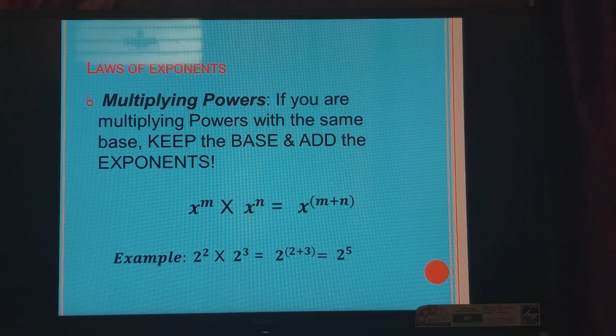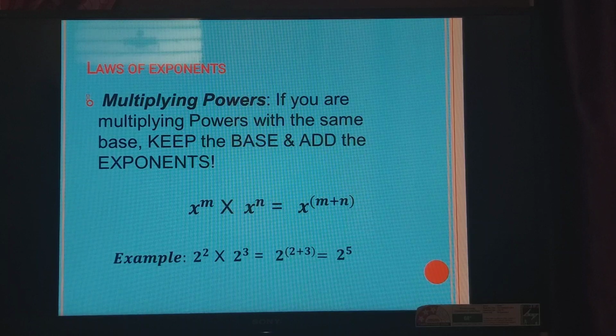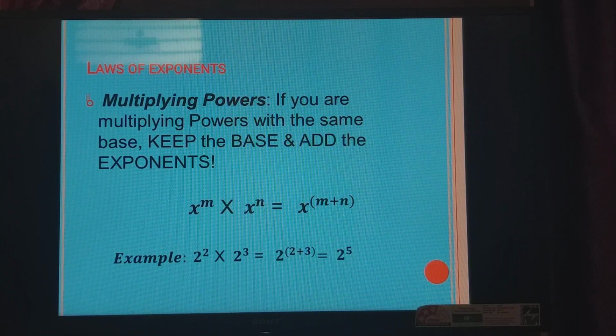For example, x raised to m multiplied by x raised to n: we keep the base x and add the exponents of both powers. The example is very evident: 2 raised to 2 into 2 raised to 3 is equal to 2 raised to 2 plus 3, that is 2 raised to 5.